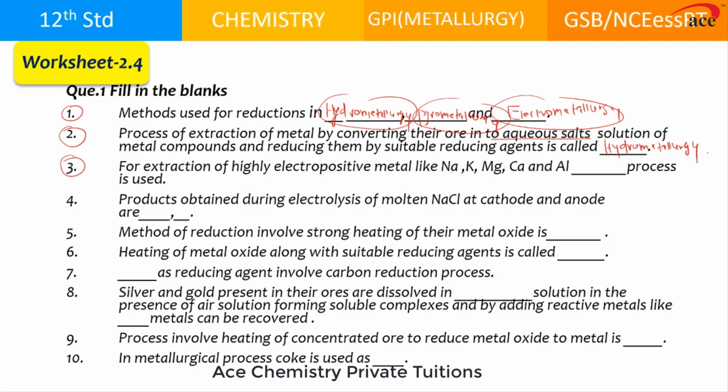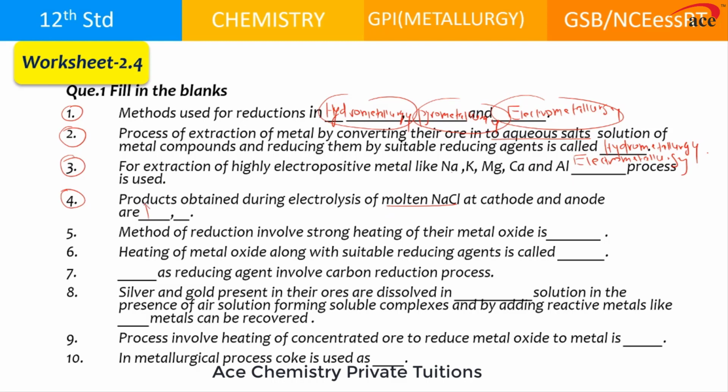The process used for highly electropositive metals is actually electrolysis, and this is referred to as electrometallurgy.